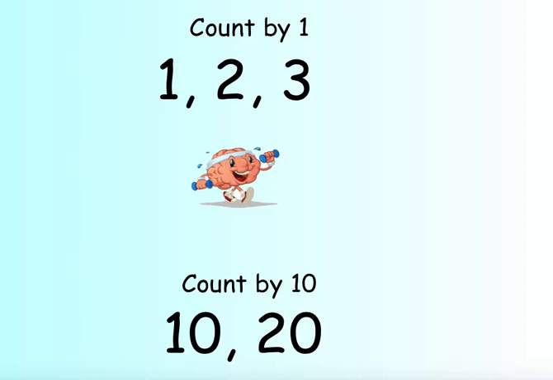We'll count by tens all the way up to 90. 10, 20, keep going. You can pause the video here if you need more time to count or if you want to count again by yourselves.